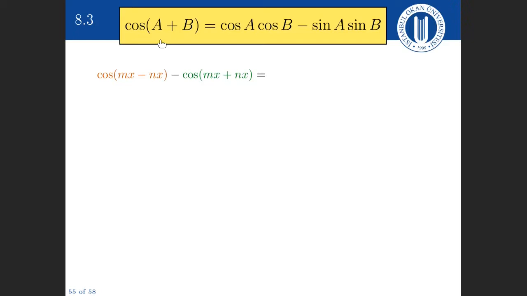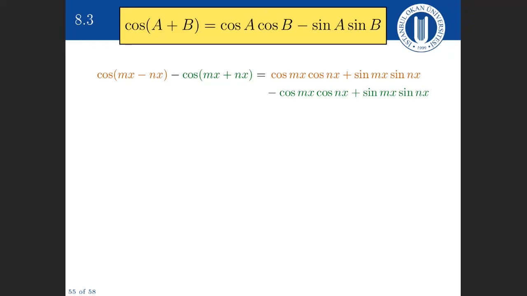And the easy way is based on the identity at the top. Cos of A plus B is cos A cos B minus sine A sine B. I want to use that for cos of (mx minus nx) minus cos of (mx plus nx). Using the formula at the top, that's the same as cos mx cos nx plus sine mx sine nx, minus cos mx cos nx minus sine mx sine nx.